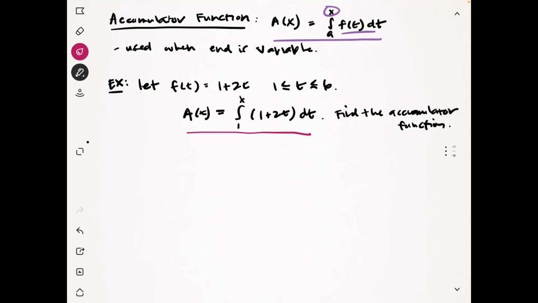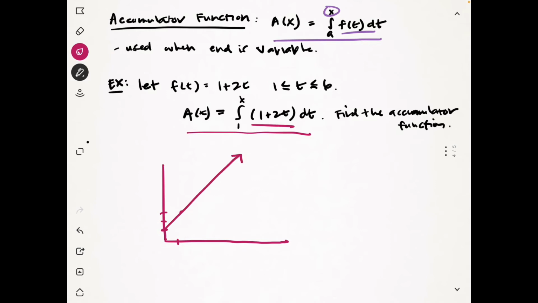Find the accumulator function. So let's kind of look at what this is. So this is our function 1 plus 2t. So what we know about that is it starts at 1 and it has a slope of 2. So if we drew it, it would look kind of like this, right?